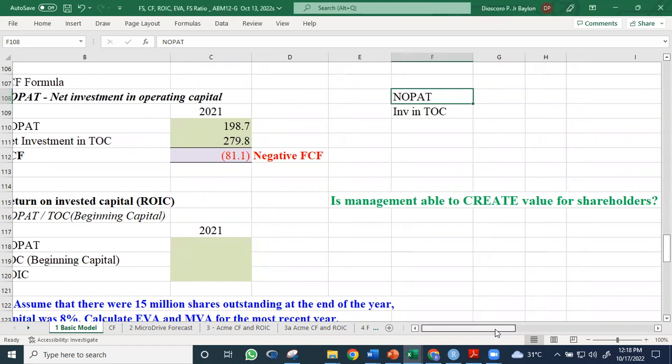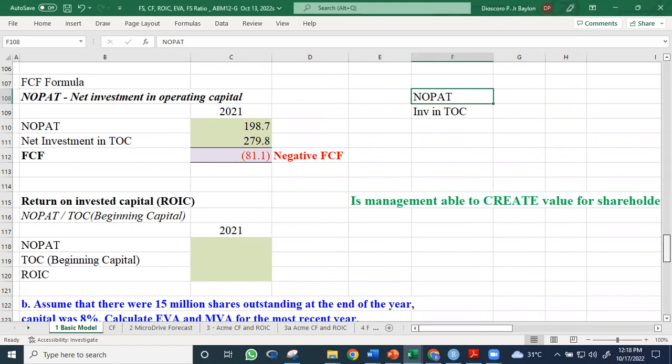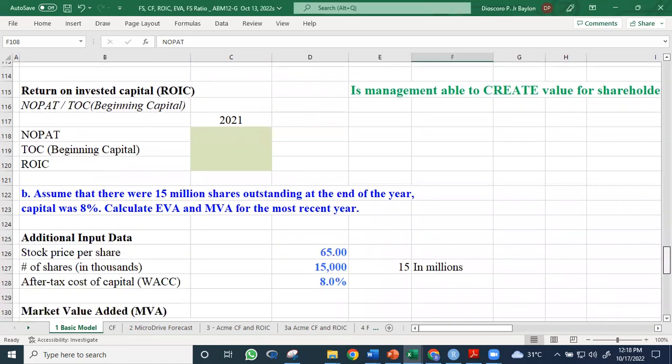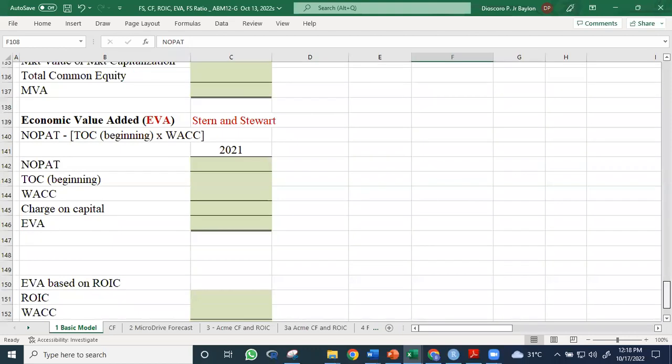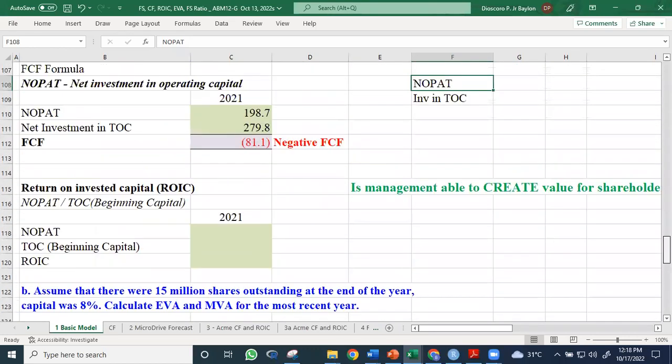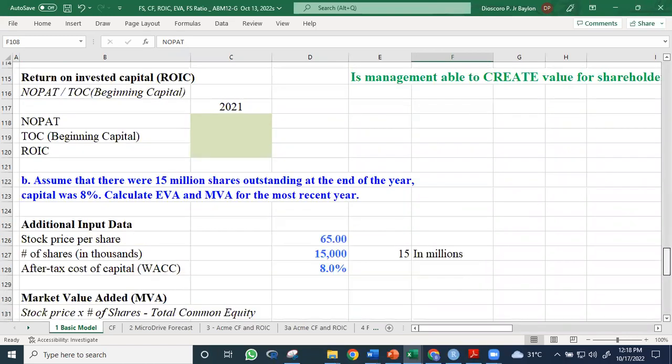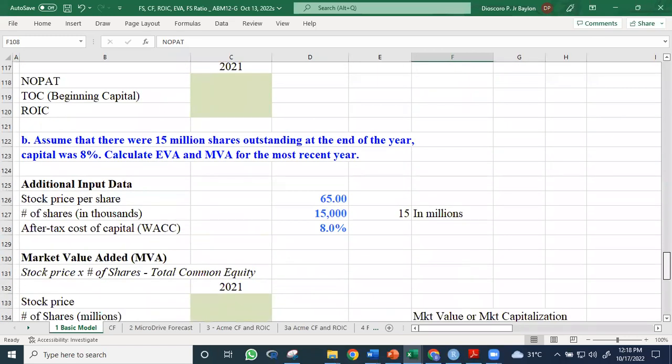Alright. Now, we go to these measures, no? Itong ROIC, itong MVA, itong EVA. These are very important measures for us. Itong tatlong to. Return on invested capital, market value added, and economic value added.